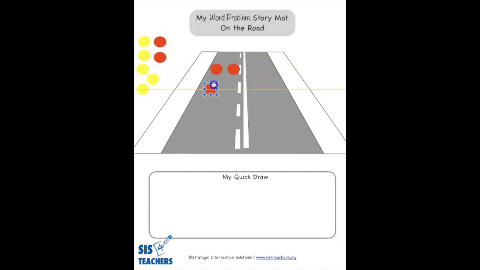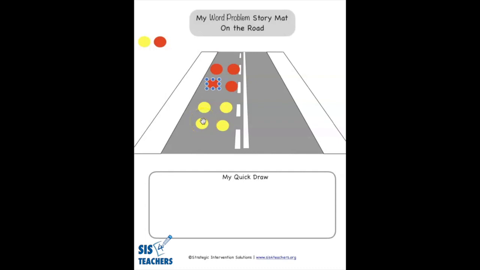I'm going to put one car on my road with the counters. I know that each car has four wheels. I'm going to put another car behind this car, showing it with the yellow counters to represent my second car. Now that I have all of my wheels on my road, I can count to see that we have 1, 2, 3, 4, 5, 6, 7, 8.